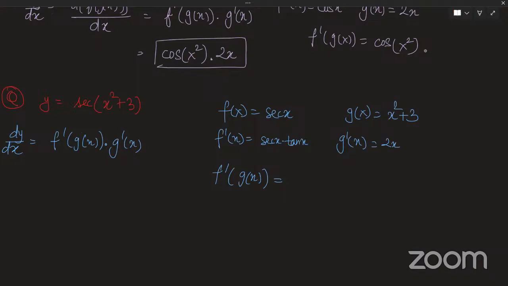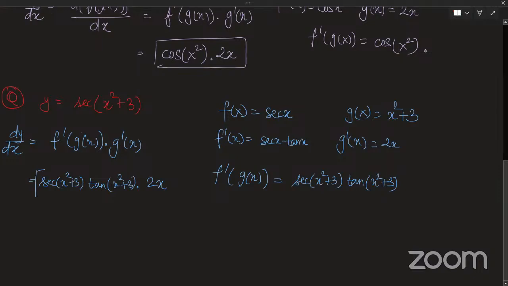In place of x, I need to put g of x, which is x square plus 3. So everywhere I see x, I will put x square plus 3. So it will be secant of x square plus 3 into tan of x square plus 3. This can be written as secant of x square plus 3 into tan of x square plus 3 into 2x. This will be my answer, right?